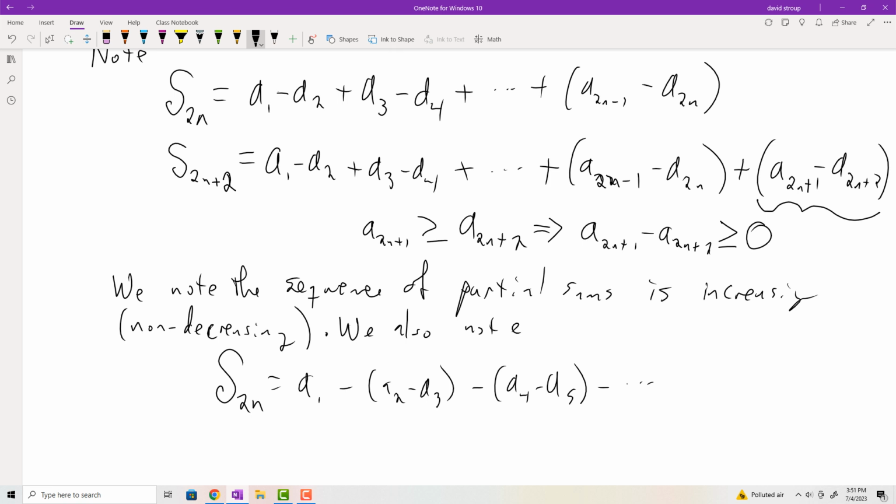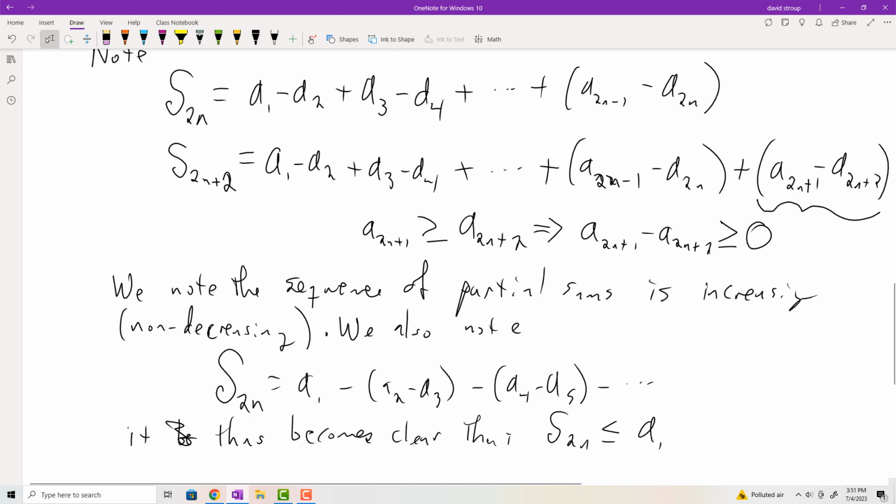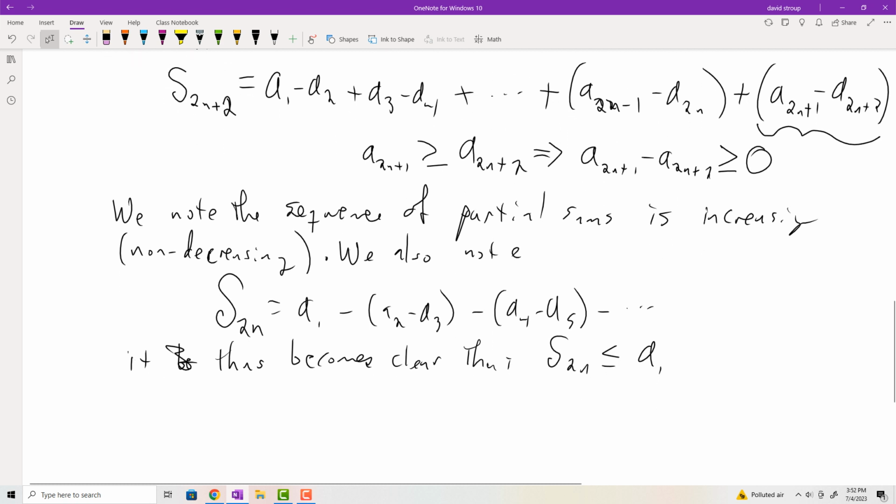I think it's clear, so it thus becomes clear that s sub 2n is less than or equal to a sub 1, because all you're doing is taking a sub 1 and subtracting away a bunch of junk to get to your next term in your sequence of partial sums.